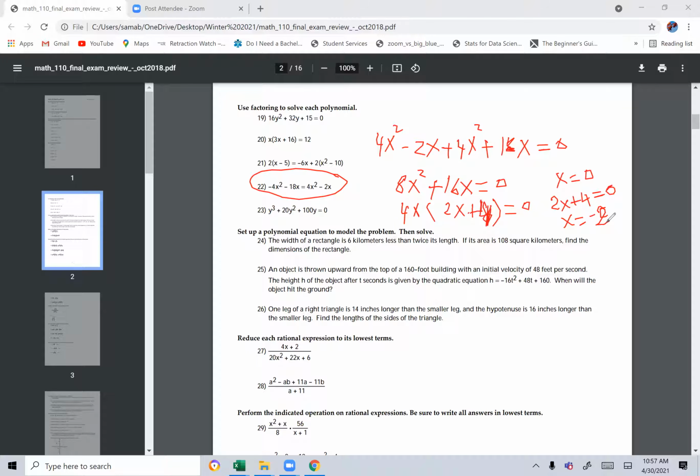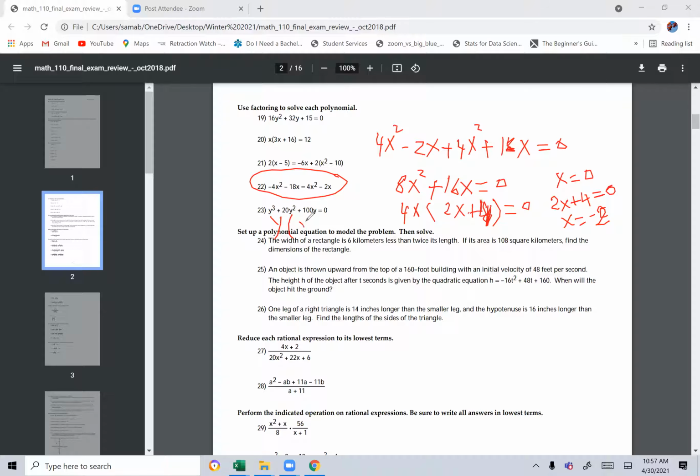If you try to do 23, guys, you learned in intermediate algebra only how to solve a quadratic equation. Don't expect that you're going to have a formula for a cubic. So you should be sure that there's going to be a way to factor this out. And notice, guys, like for 23, I could take y out as a common factor, and look what's left.